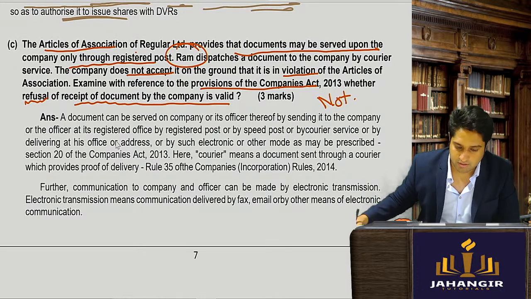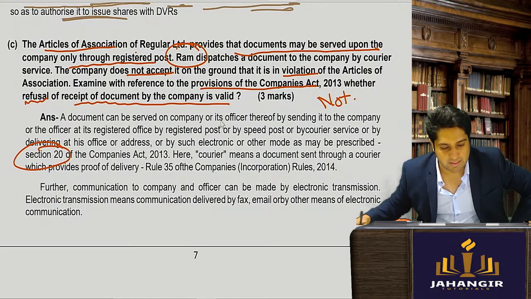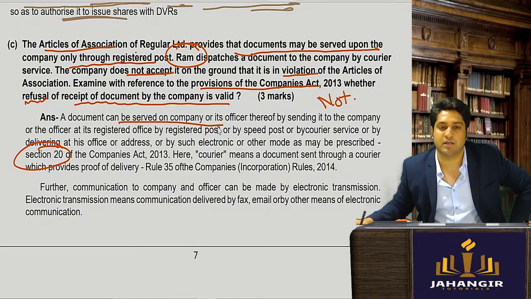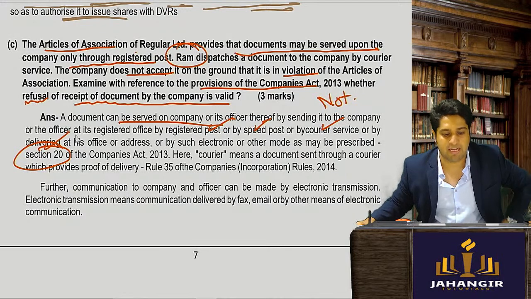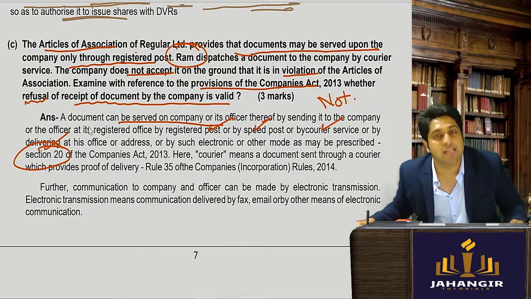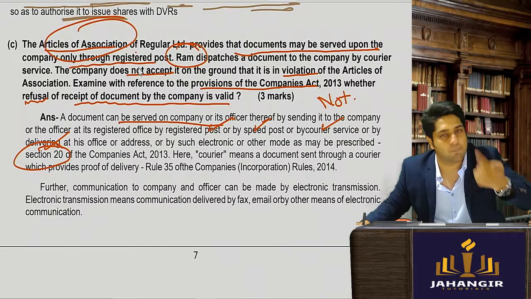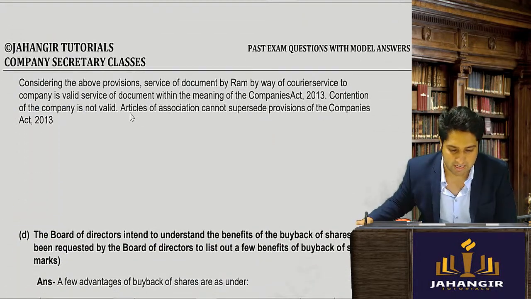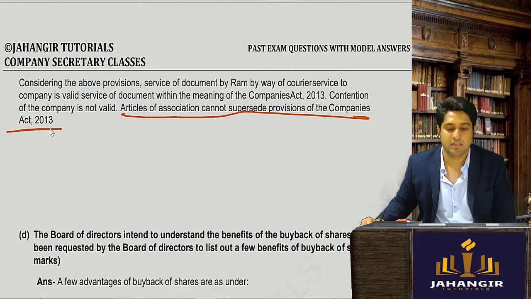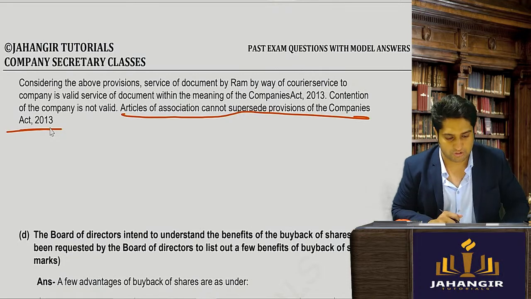Because by law, in section 20 of the Companies Act, it is stated that the document may be served to the company or on the officer through any of the modes, whether it be speed post, registered post, courier or delivering, by anything, as long as you have proof of address, it is fine. So when the company puts in the article that only through registered post you can send us letters, you are going against the Companies Act, and the articles of association cannot exceed the Companies Act. Now this was a past exam question.